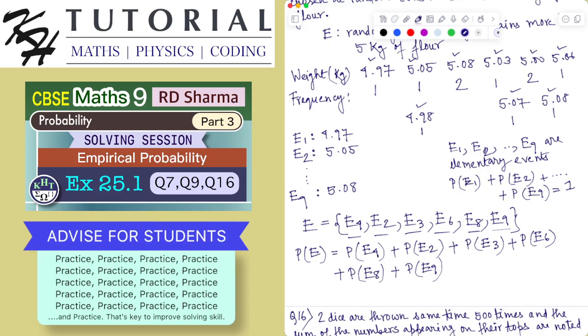So this is the basic concept of a compound event. A compound event is a collection of elementary events such that if any of the elementary events happens, automatically the compound event is said to happen. Okay, now what will be this value? What is the probability of E4? All these individual probabilities, the probabilities of E1 to E9, we have to compute using the empirical formula.